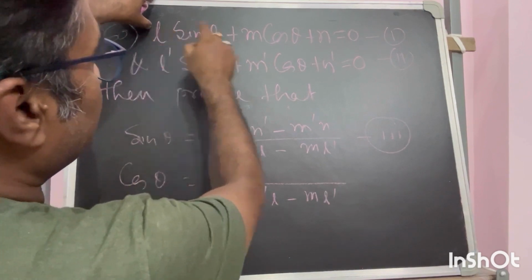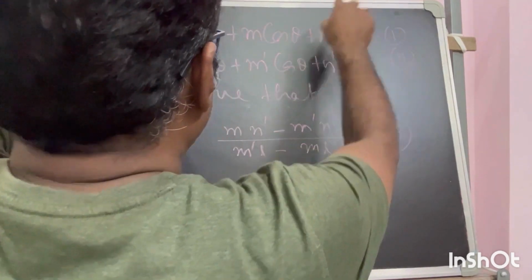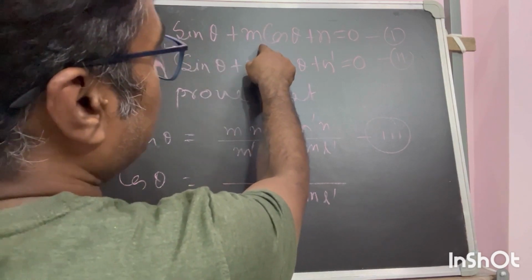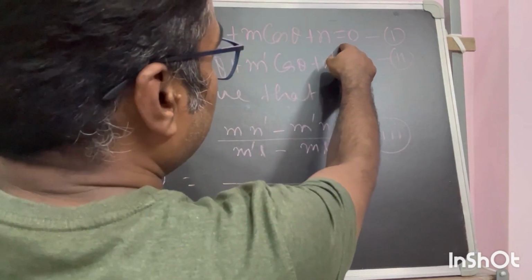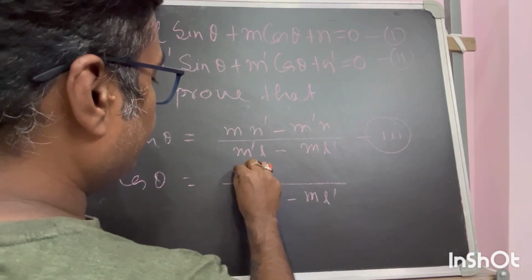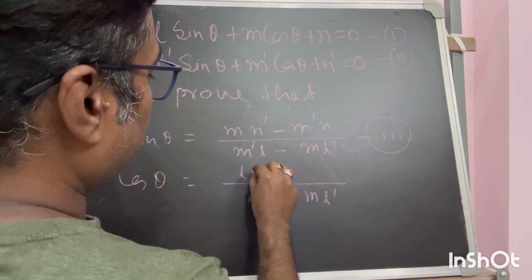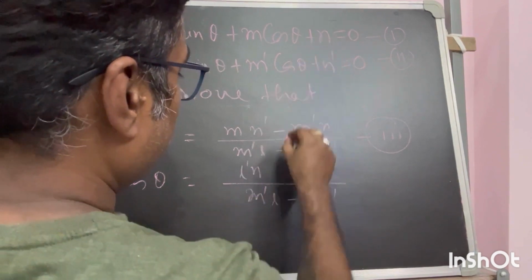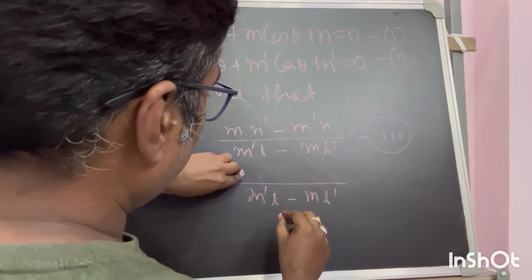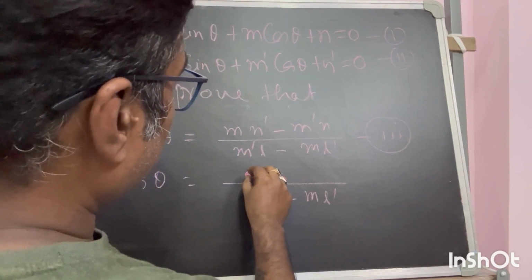If I multiply this with L dash, then L dash will come here, sin theta, M L dash will come here, N L dash will come here. So on the top, what will come? N L dash N minus, sorry, not this one, L dash.